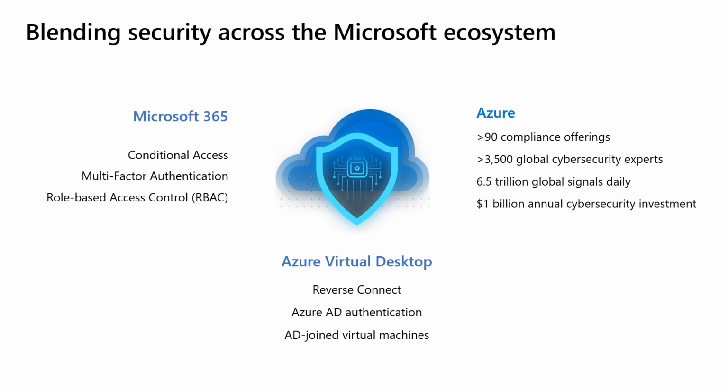Built-in security features in Azure Virtual Desktop, such as Reverse Connect, which is a security feature which allows a user connection from over HTTPS and doesn't require any TCP listeners as you would find in a traditional RDS solution.